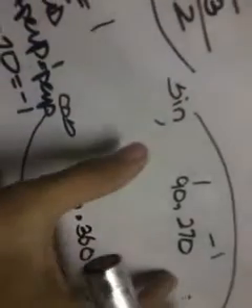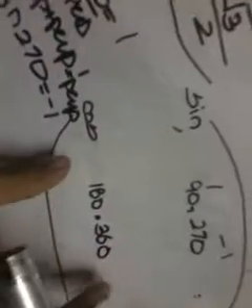Sine 270 is also perpendicular, but it is minus 1. If you can memorize this sign, then you can easily memorize cos 180 is minus 1, and sine 90 is 1.